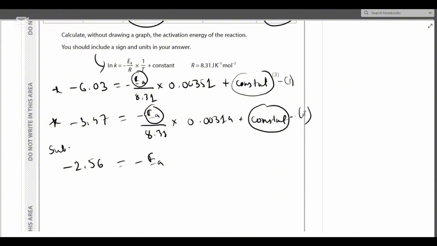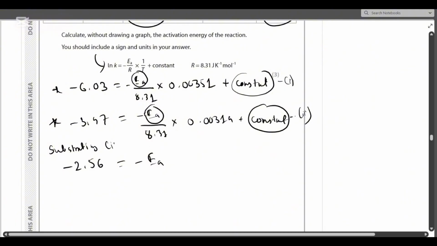I'm here subtracting equation 2 from equation 1.